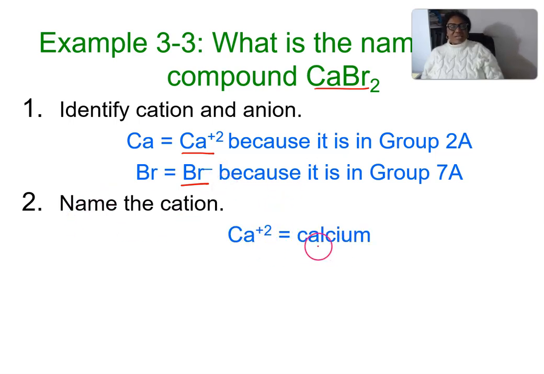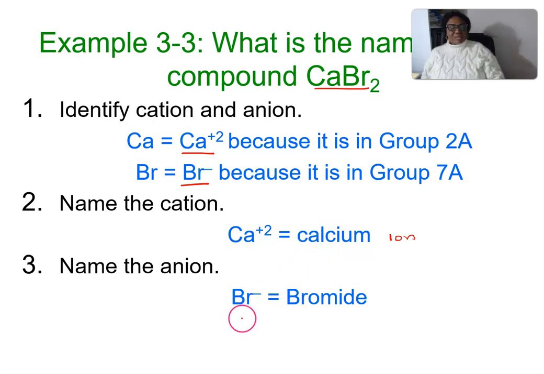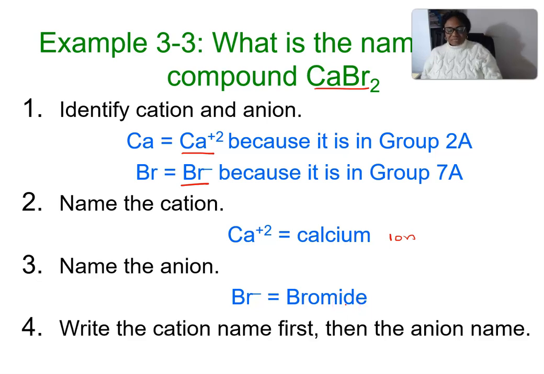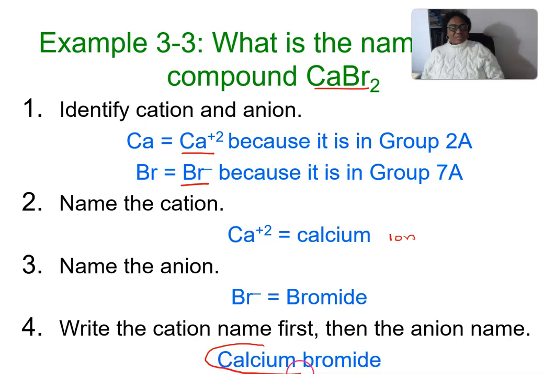The cation here is just calcium ion. The name of the anion is bromide. Then write the name of the cation first, then the name of the anion. So the name of this compound, CaBr2, is calcium bromide. You just combine the name of the cation and the name of the anion.